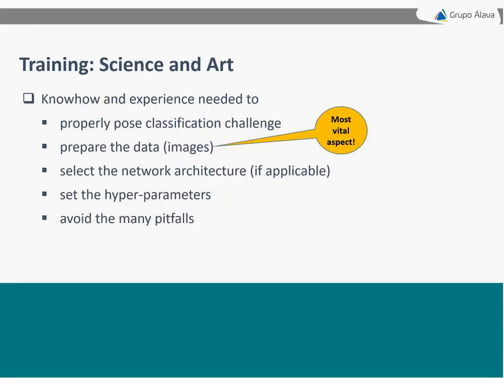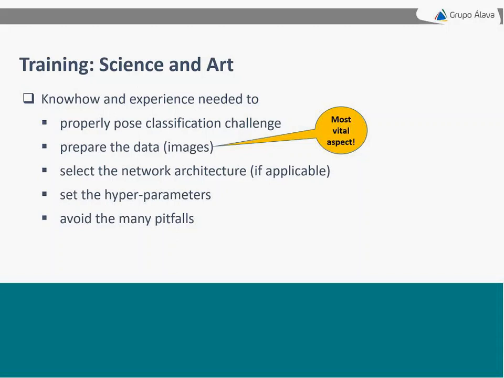So, talking about the important part of the presentation, we are going to talk about the training. This is a science, but it is also true that this is an art because we always need to know which settings we have to use. First, we have to focus on the problem that we want to solve, what we want to classify, or what we want to find.